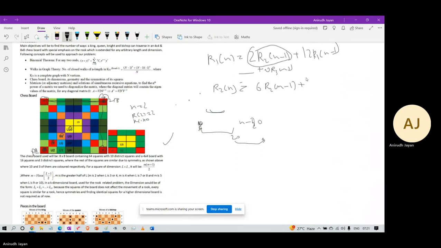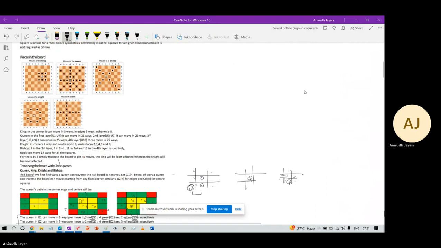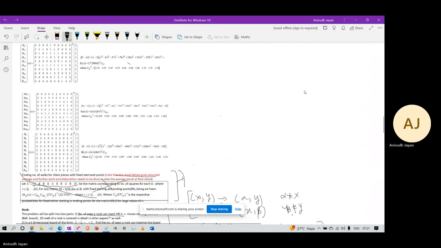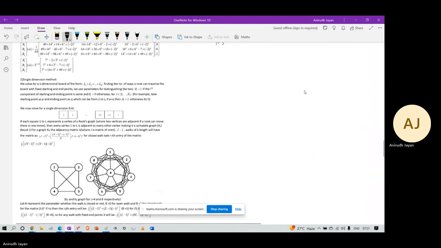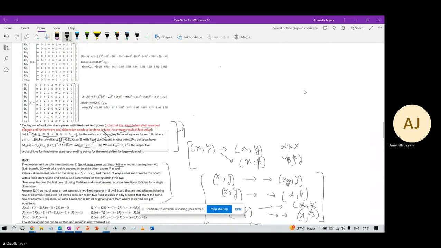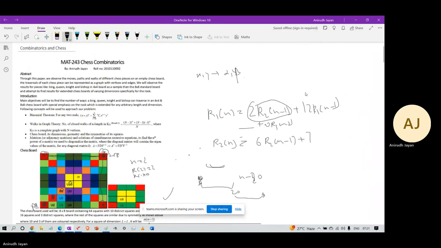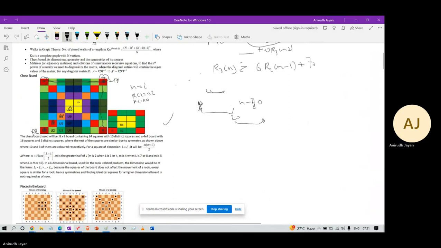plus 7 R1 n minus 1, since there are 7 squares where it won't share either a horizontal or a vertical square, plus R3 n minus 1.